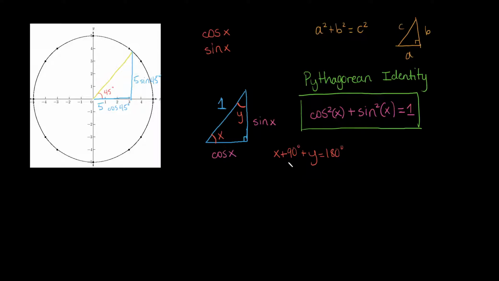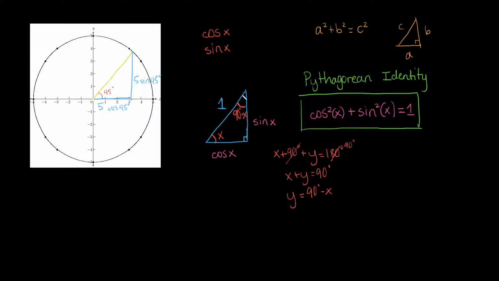Well, we subtract 90 from both sides, and we're left with 90 degrees. So we get that x plus y equals 90 degrees. And another way to write this would be that y equals 90 degrees minus x. So here, instead of writing y, I'm going to write 90 degrees minus x.